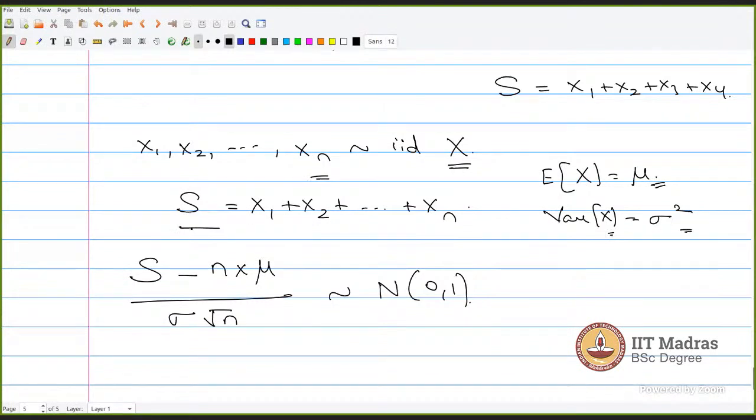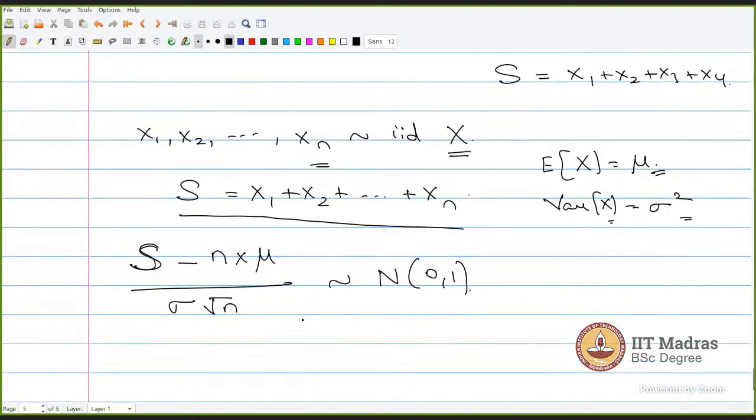You consider S, the sum of all the samples x1, x2, up to xn. Now what CLT tells you is S minus n times mu divided by sigma root n follows normal 0, 1.